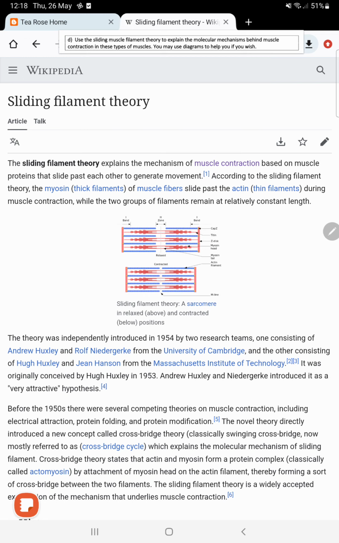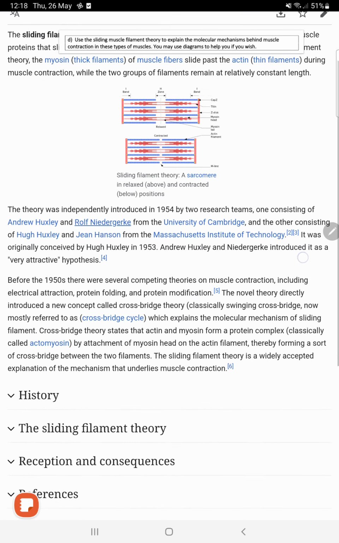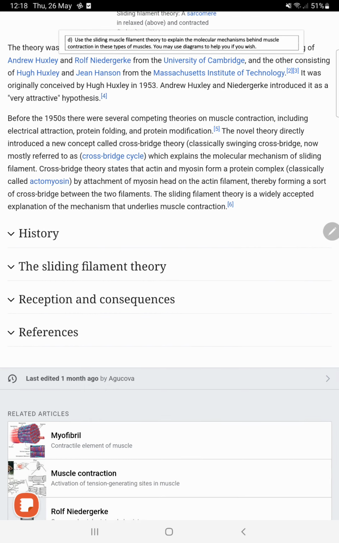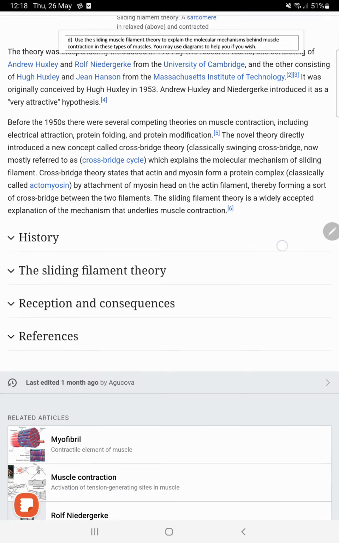Yeah, here it's explaining roughly what I thought it said. Two slide past each other while they remain at a similar length, but sliding past each other they're going to contract. Only in 1954 they discovered this. So now you've got to go through this and find the molecular mechanisms.